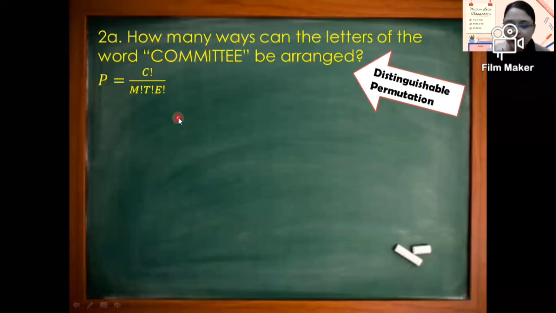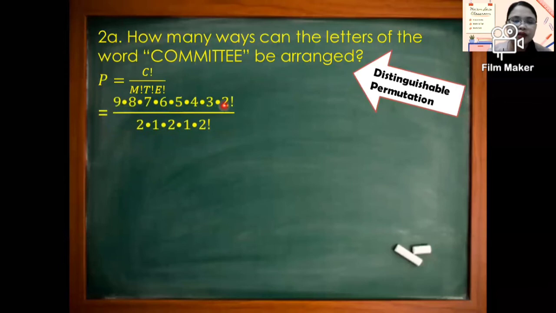So substitute natin yung mga value ng ating permutation. Since ang ating committee ay merong 9 letters, so that is 9 factorial or expanded form na 9 factorial over, bakit naging 2 times 1?